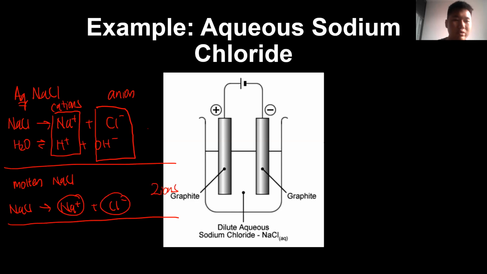And for aqueous sodium chloride, we have 4 ions. Because aqueous sodium chloride has more than one anion and more than one cation, we need to determine which of the ions will actually be discharged at the electrodes. So let us move on.